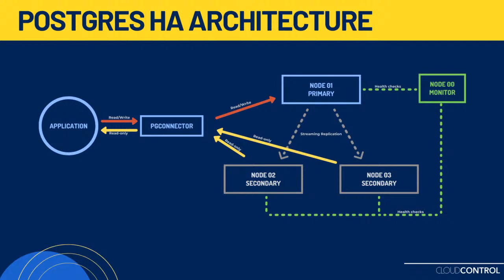Now, this architecture gives you complete failover capability, especially from the master point. If the master goes down, no problem. The applications will still continue. In fact, one thing I would like to mention is that the Node Zero monitor that you see here makes a bidirectional communication with all the primary nodes.